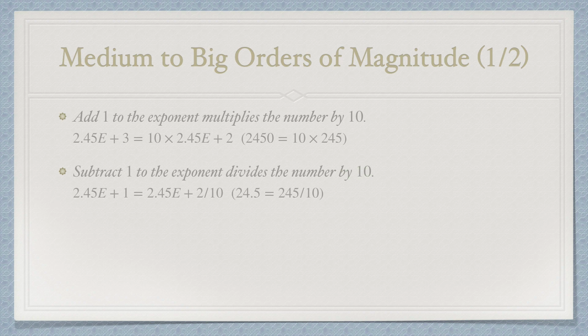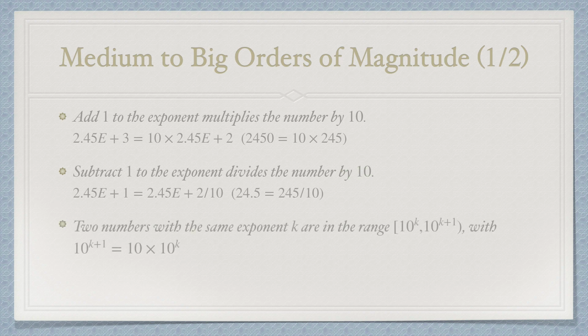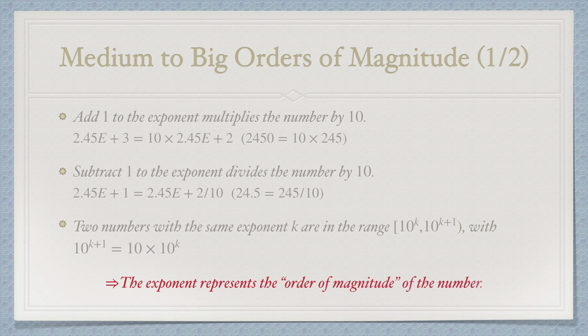For instance, 2.45e+1 is 2.45e+2 divided by 10. And two numbers with the same exponent are in the same range, 10 to the power k, 10 to the power k plus 1 excluded, with 10 to the power k plus 1 being 10 times 10 to the power k. So the exponent is related to the order of magnitude.